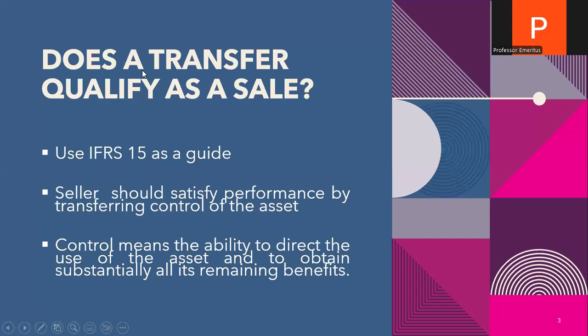If a sales and leaseback qualifies as a sale, what this means in essence is there are sometimes where, because companies are unwilling to declare the full extent of their liabilities, they can transfer an asset that is worth, let's say, 3 million pounds to a buyer lessor and they receive 8 million pounds.